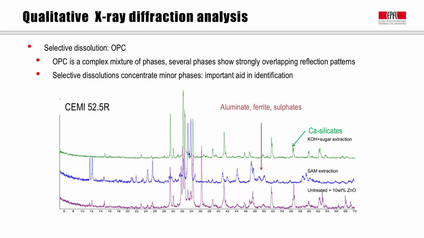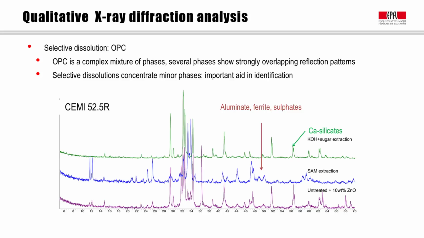For instance, when comparing the bulk sample in purple below with the SAM extracted sample, you can see that there is a very large increase in the peaks of ferrite and of alkali sulfate phases, for instance ferrite around 12 degrees and alkali sulfate phases in the range of 20 to 25 degrees 2 theta.